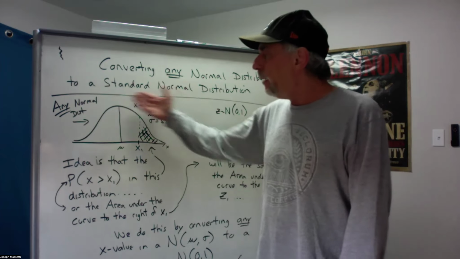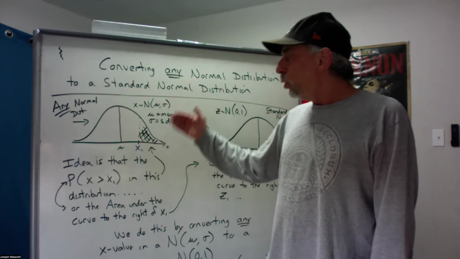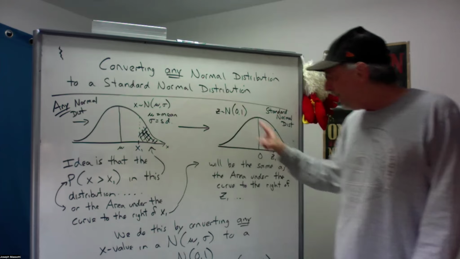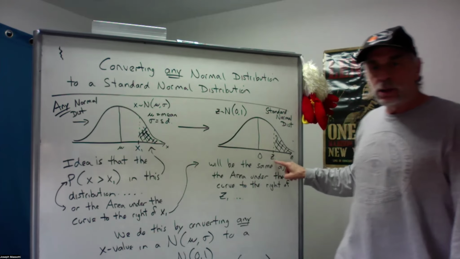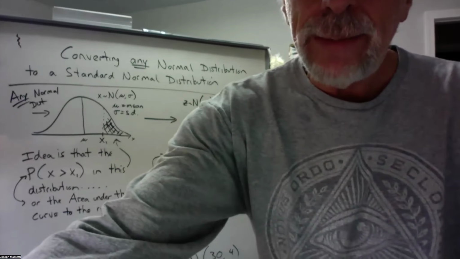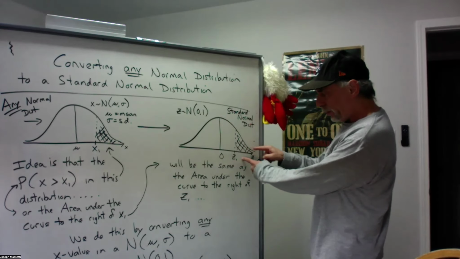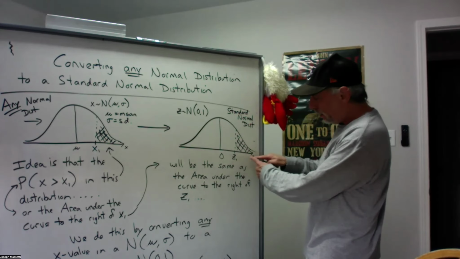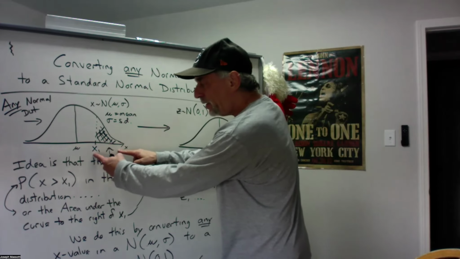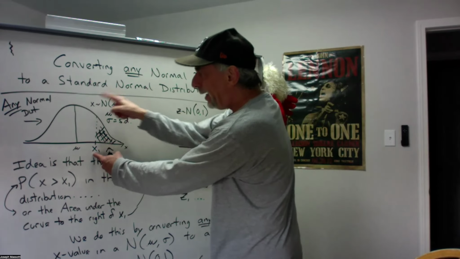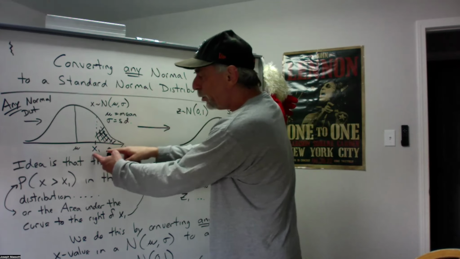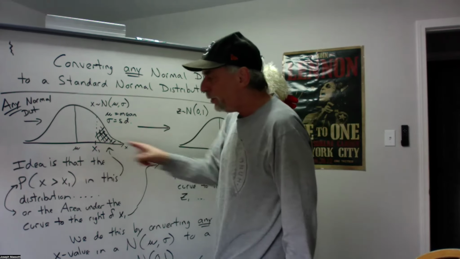Well, we don't have a table for this distribution, so our task is to find the z value that cuts off the same area to the right of it in the standard normal distribution as the area under the curve to the right of the number we're interested in in the original normal distribution.